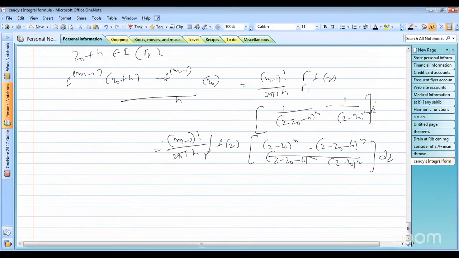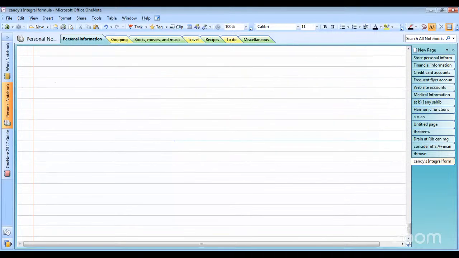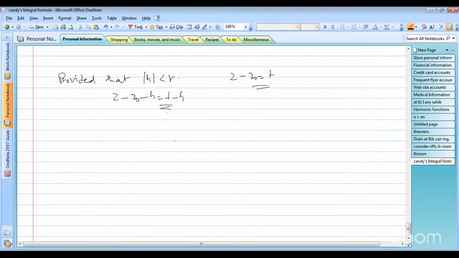Provided that the modulus of h is less than the radius, we write |z-z0| equal to t. So z-z0-h is equal to t-h.